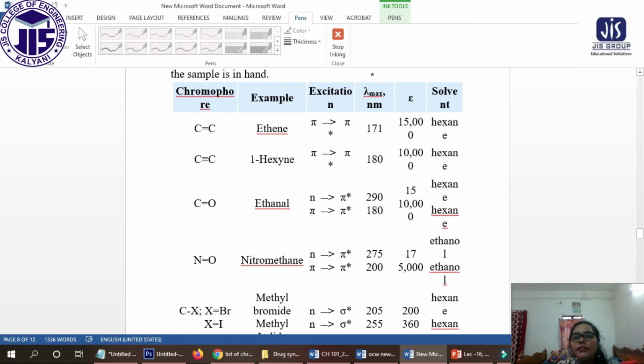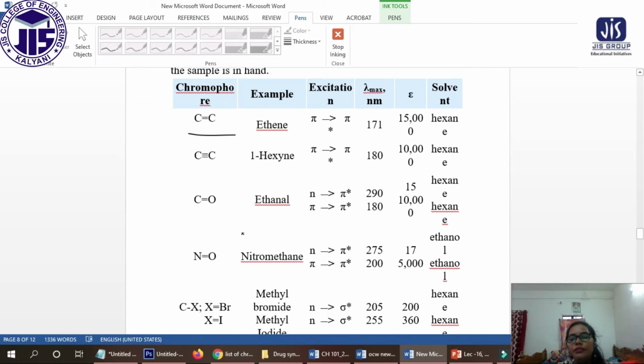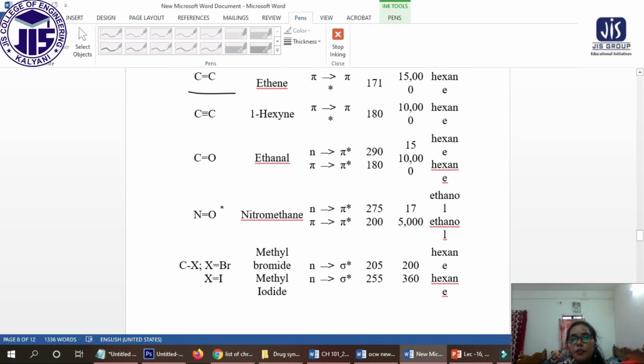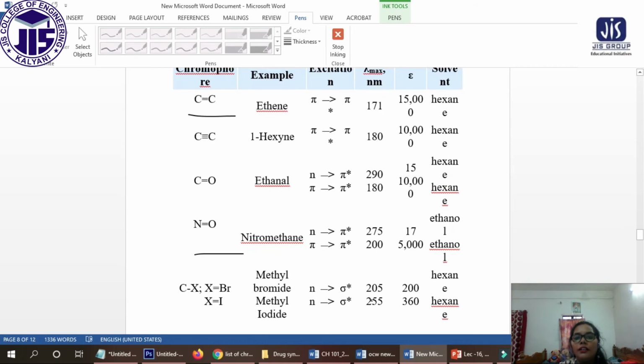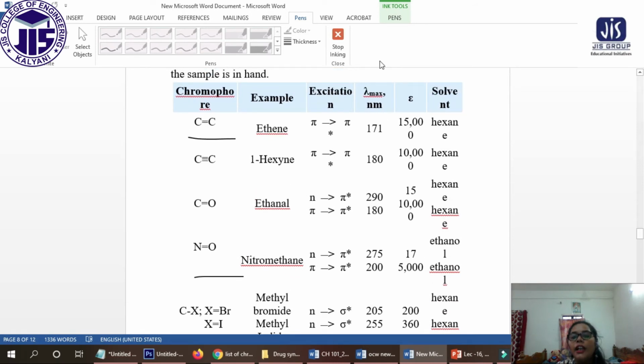Now this is a table listing the chromophoric groups: the double bond, triple bond, the ketone functional group, nitromethane, nitric oxide, the NO group, or the halide groups, bromide, methyl, iodide. For all of these, the excitation energies are given, for example pi to pi star.